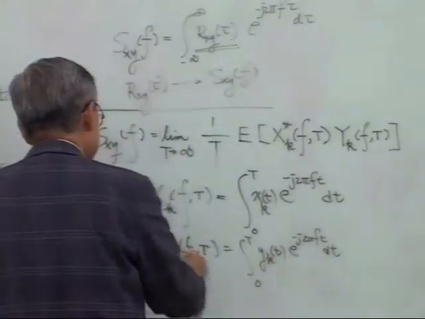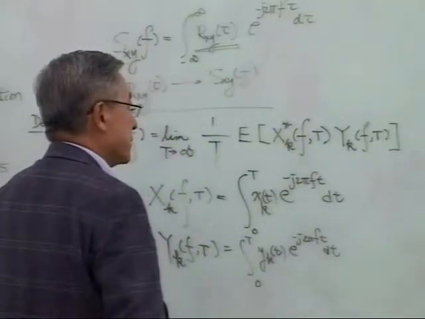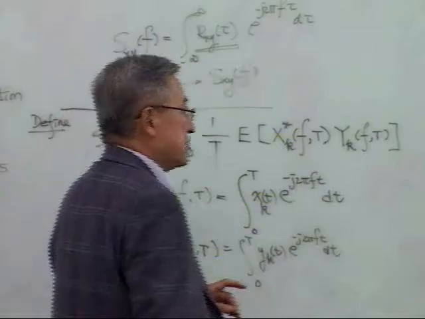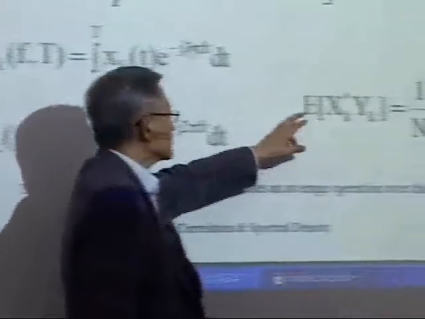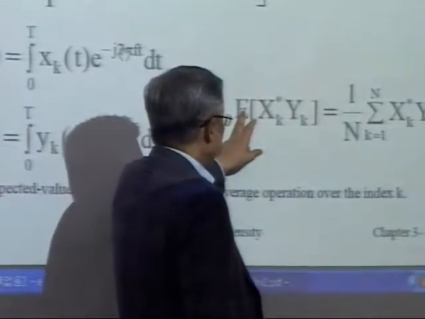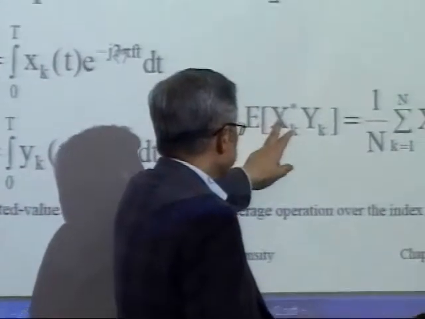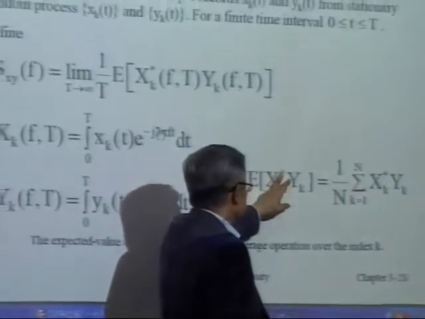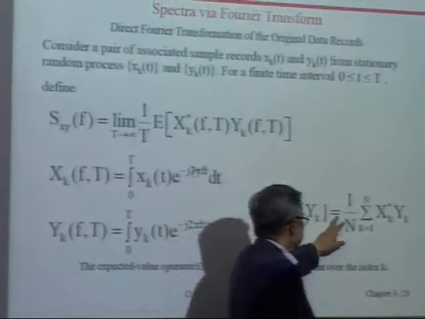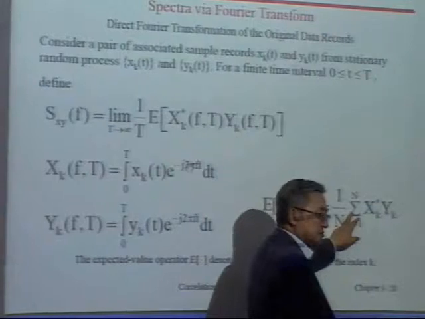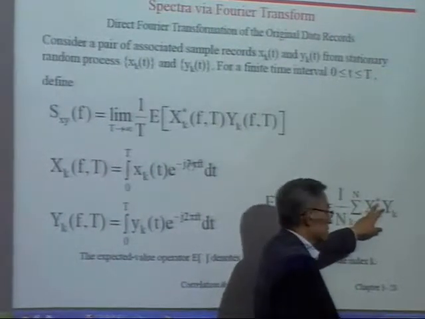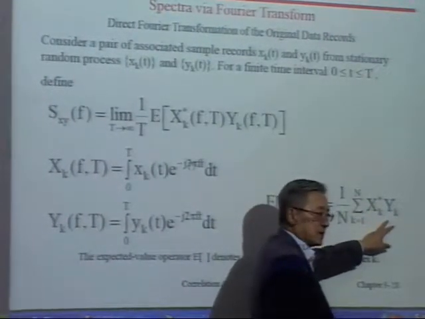And one of the importance in definition is this: expected value of X star Y is the 1 over n summation Xk star Yk.